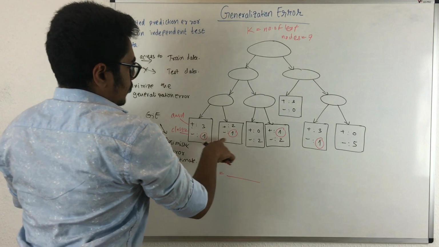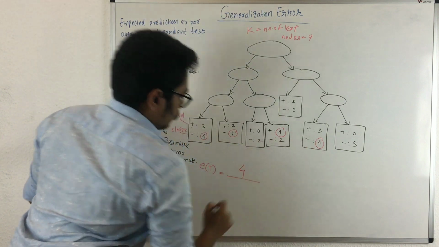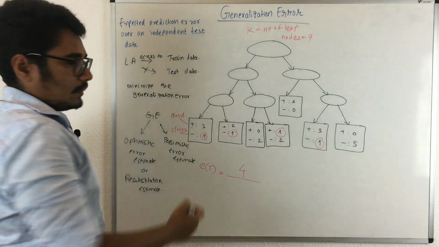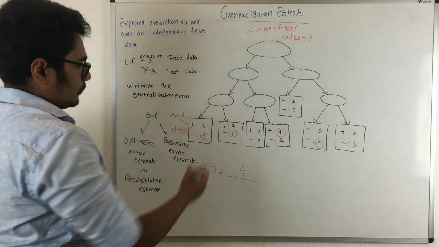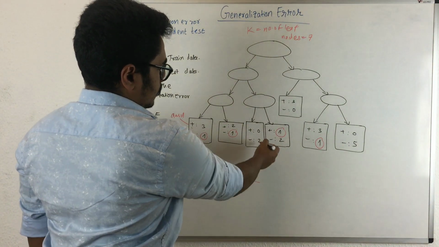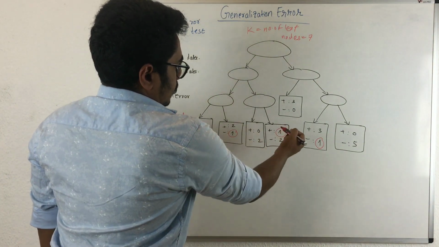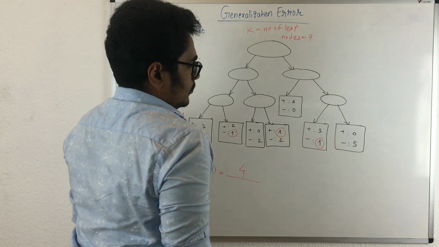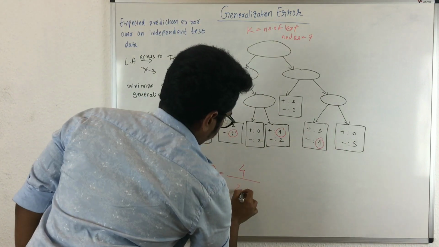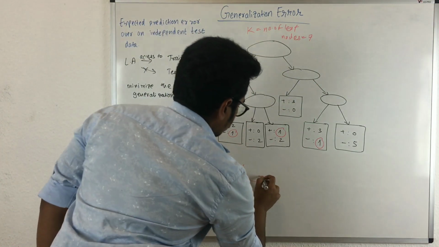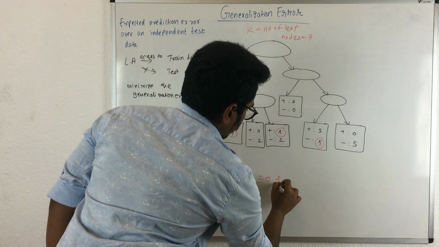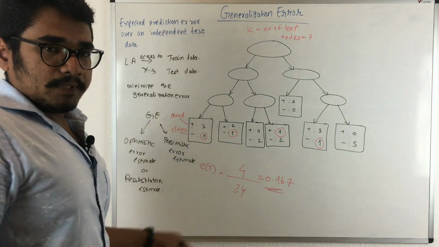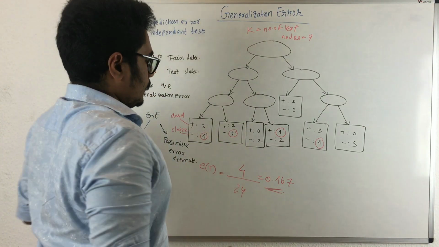So in total you have 1, 2, 3, 4, so 4 is the error on this tree, and the total number of instances comes to 24. So this value comes out to be 0.167. This is our optimistic error estimate, or the resubstitution error estimate.